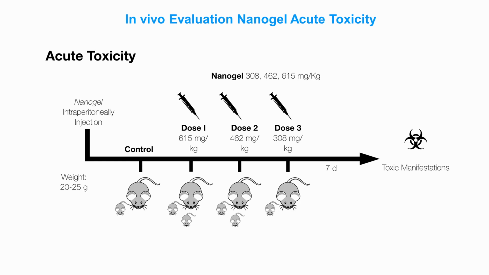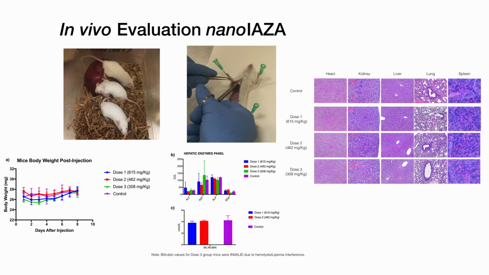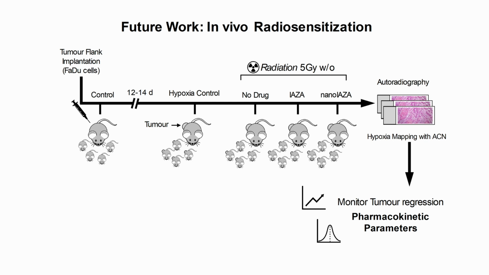We looked at different doses of the nanogel in mice, and we saw no toxicity. But what is left to do now is to look at the in vivo radiosensitization, and this is our plan, using the nanogel.